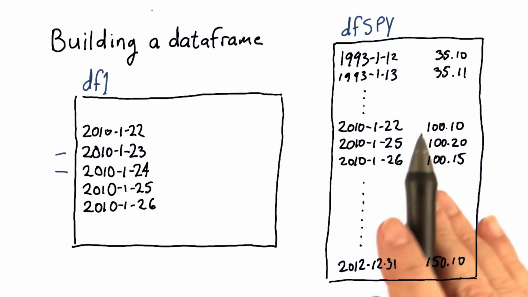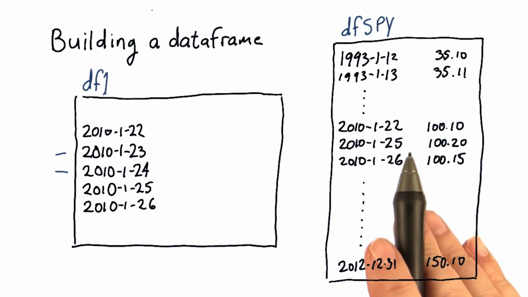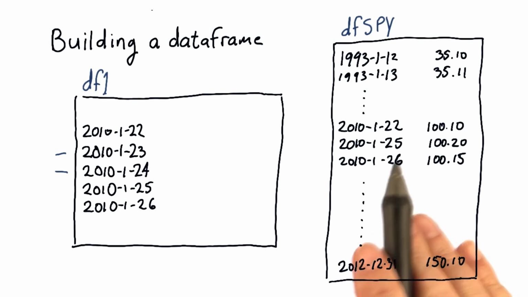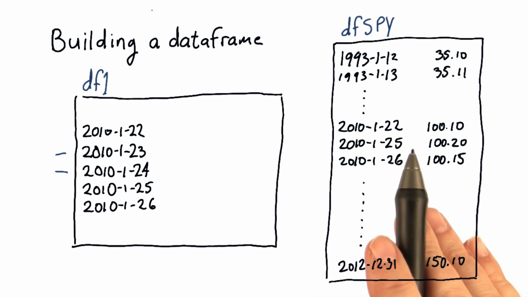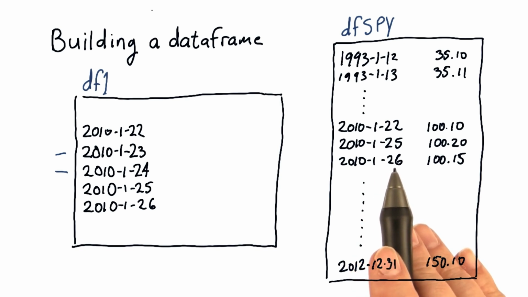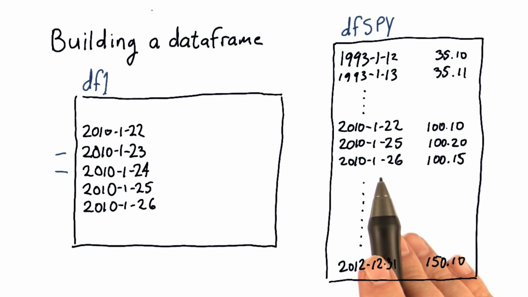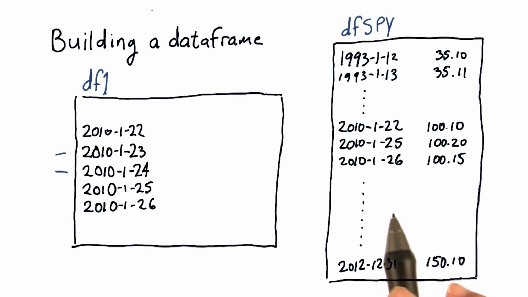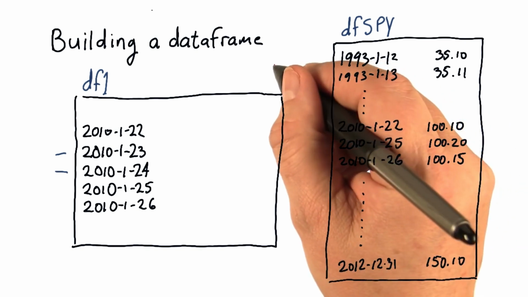So Pandas has many very powerful features. Among those features are the ability to do many operations that you may be familiar with from databases. In particular, one that we're going to leverage here is a join.